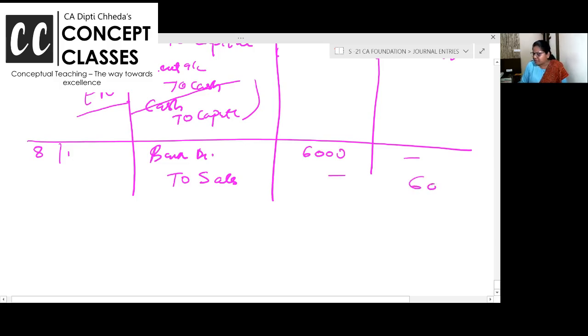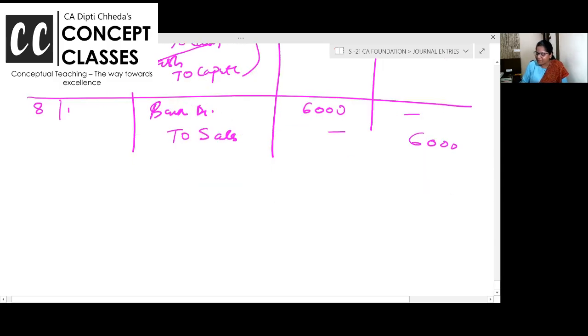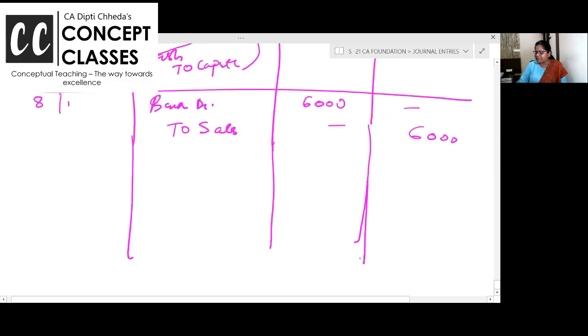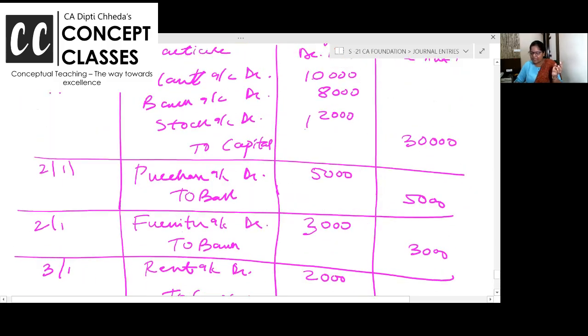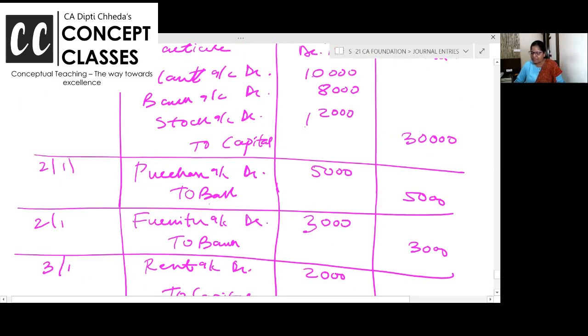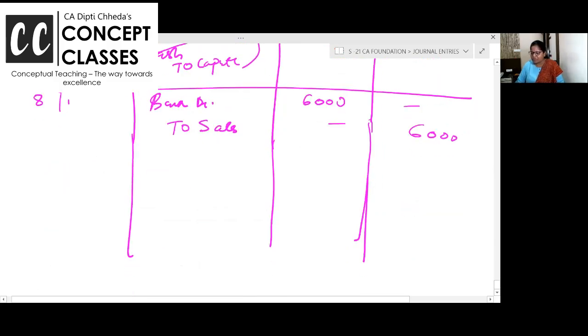So when furniture is sold, why is furniture not credited? Because this furniture is your real account, your stock. When furniture is purchased, you have purchased the furniture and now you have sold it. So bank to sales. This is like sale of your goods.